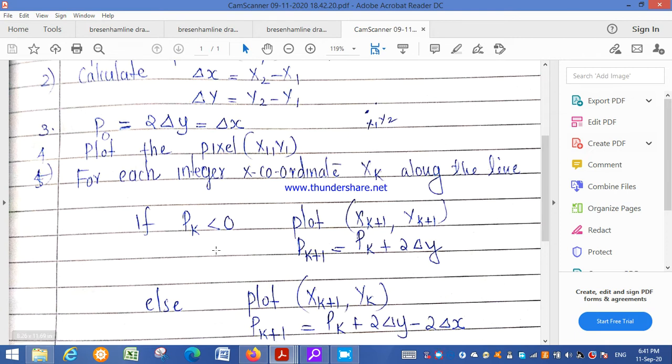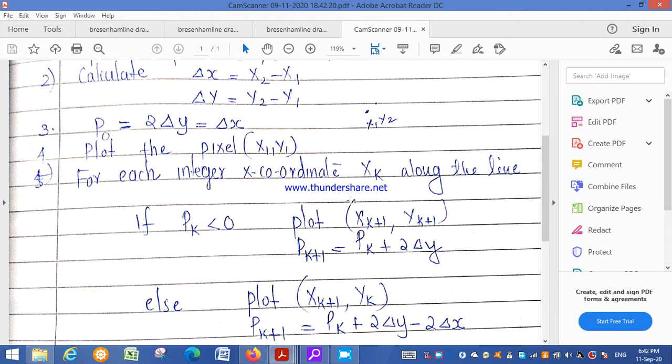So in this for loop, each time it calculates the decision parameter, and based on it we plot either xk plus 1, yk plus 1 or xk plus 1, yk. This step is repeated until we reach x2, y2.